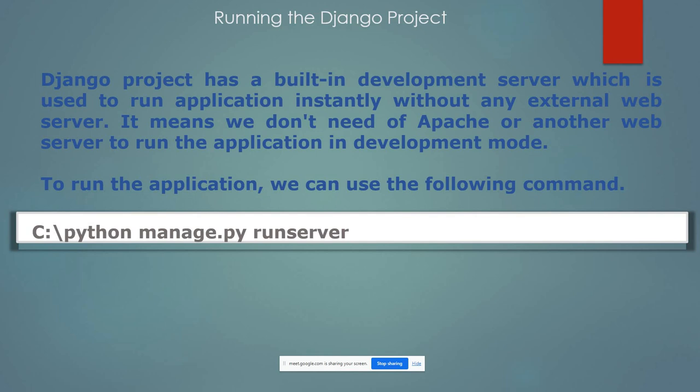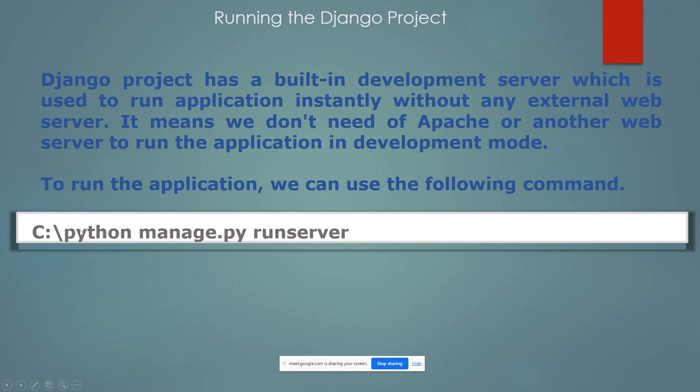Once you have created a project and you want to check whether everything is okay, whether the process I did is correct and Django is running properly, first you are supposed to make the server run.